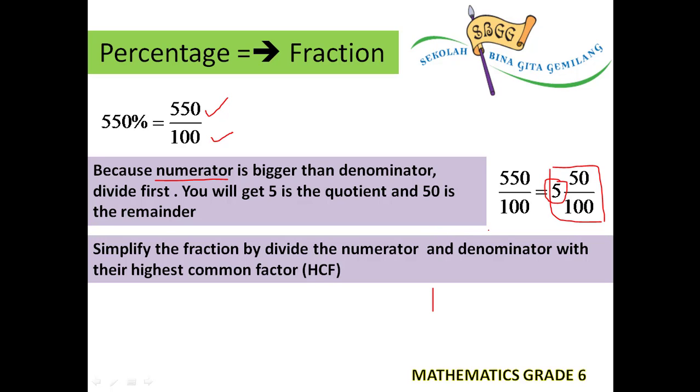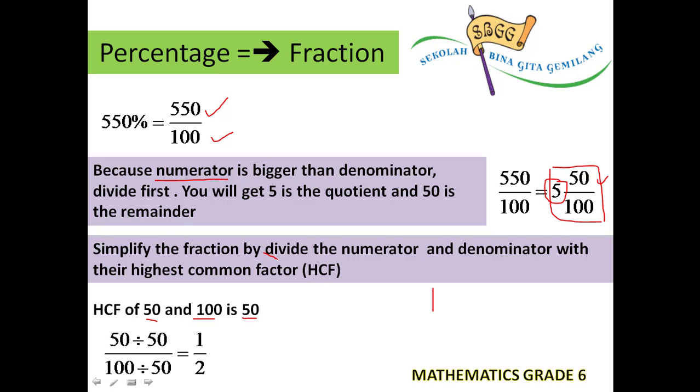So divide the numerator 50 and the denominator 100 by their highest common factor. The highest common factor of 50 and 100 is 50. Just divide them. 50 divided by 50 is 1. 100 divided by 50 is 2.